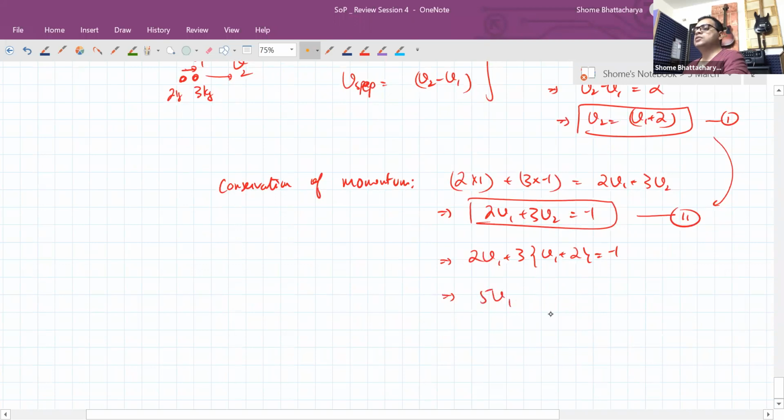We get 5v1 is equal to minus 1 minus 6. So v1 is minus 1.4, and v2 being v1 plus 2 becomes plus 0.6. So that's another way in which we can approach a problem like this.